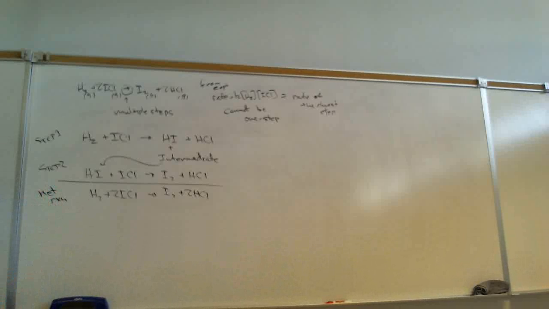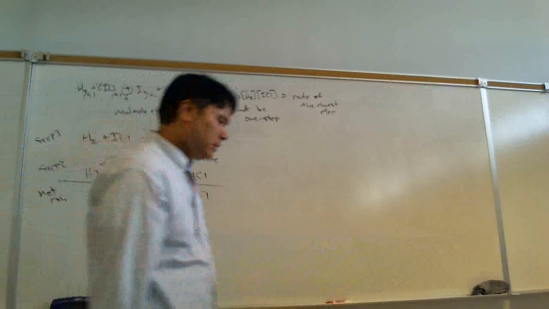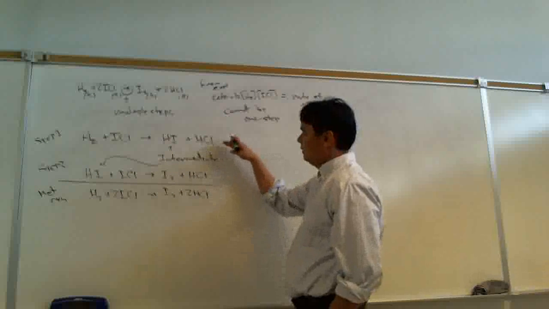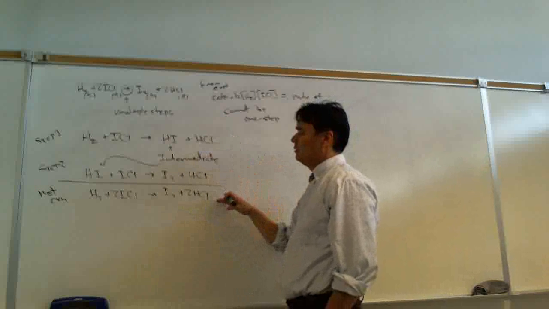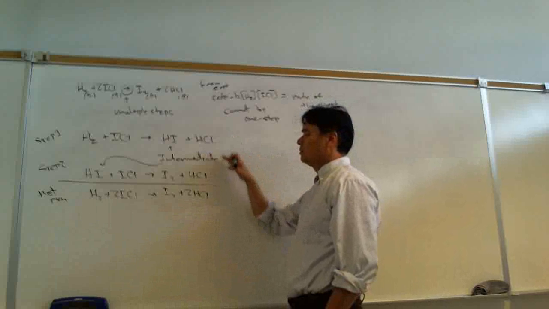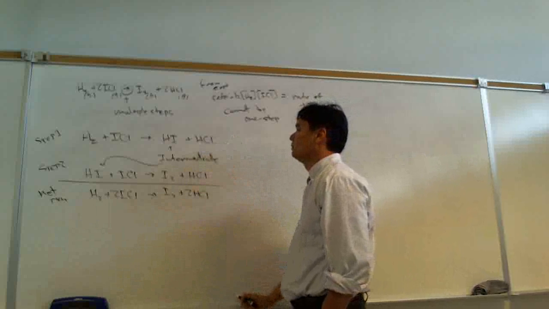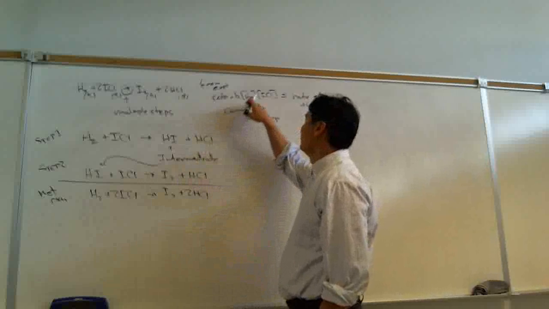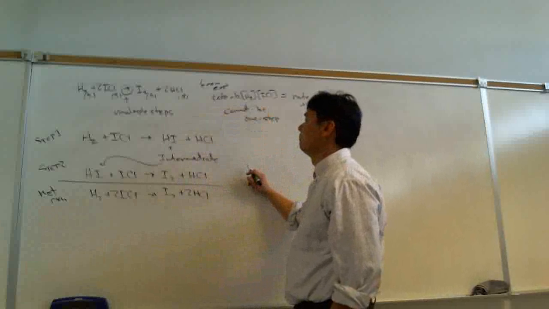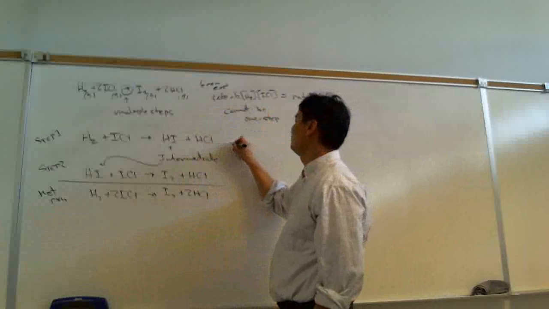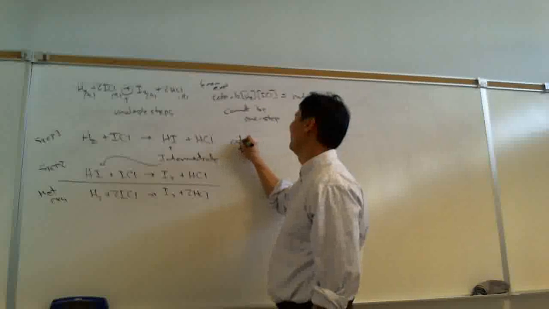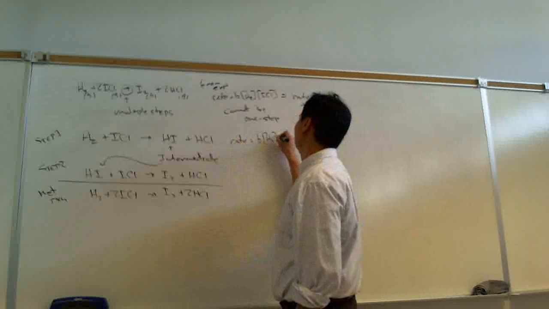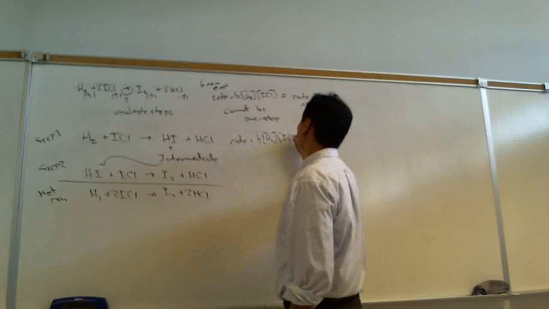Now, two things. One, the sum of the steps of the mechanism has to equal the net reaction, which it does, step 1 plus step 2. And two, the rate law of this must equal the experimental rate law. If we look at step 1, what is the rate law for step 1? The rate law for step 1 is k[H2][ICl].